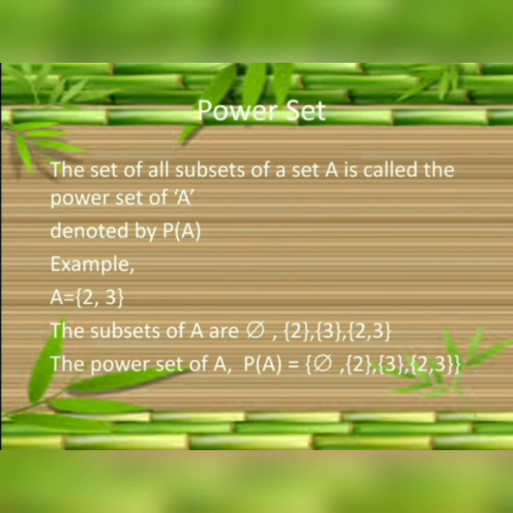The set of all subsets of A is called the power set of A. So P(A) is equal to {∅, {2}, {3}, {2, 3}}. See how many elements are here? 1, 2, 3, 4 elements, and that is called the power set of A.